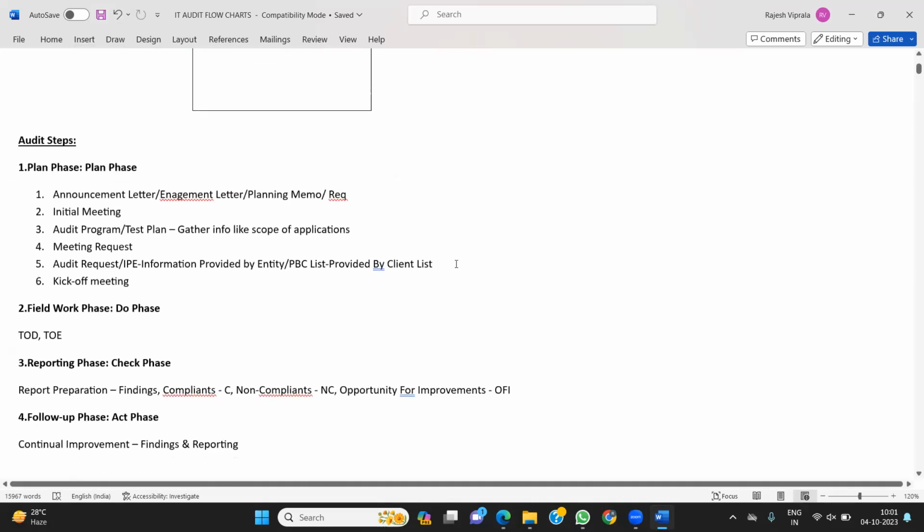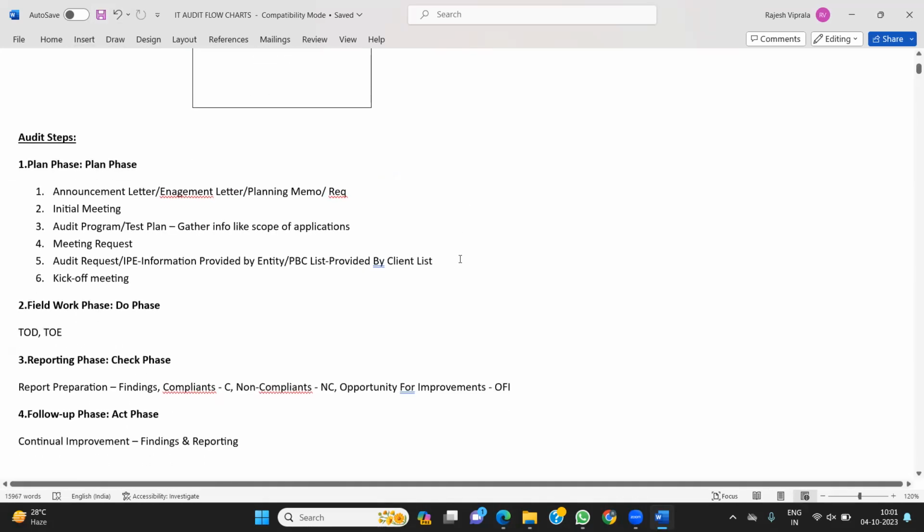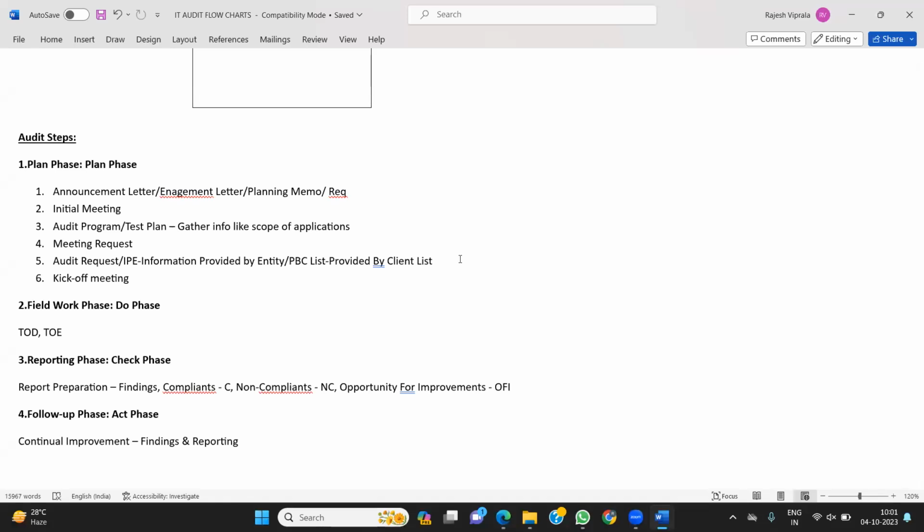So that was it. And second thing is, we are going to discuss a few steps of how the audit happens. So Naresh also already knows about it, and a few of you also know basic things about it. So audit steps, usually I said that the PDCA cycle is used, correct? PDCA is applicable for any kind of activity.